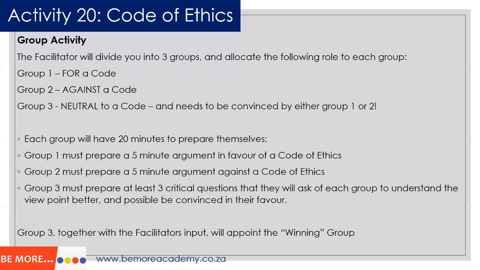Okay, although this is a group activity and you have to discuss it in your groups, you must also divide. You are more than 3 people in a group, isn't it? 3 or more? We are 3. Okay, 3 groups. So what I would suggest is one person must be for the code of conduct, the other person must be against the code, and the other person must be neutral.